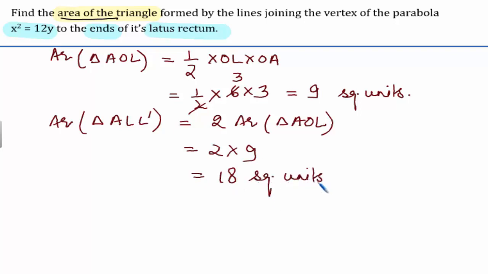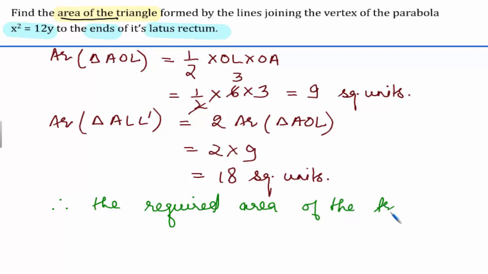Therefore, our answer is the required area of the triangle, as we have found out, is equal to 18 square units. This completes the solution.